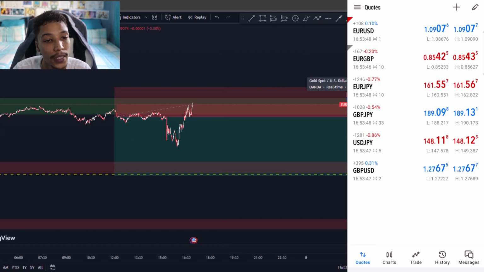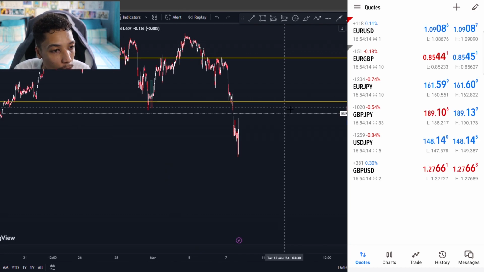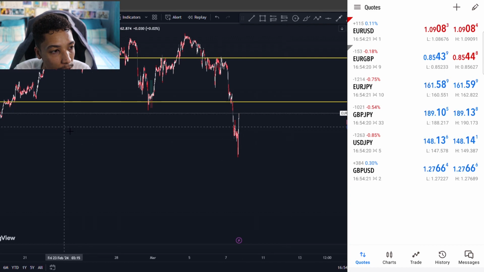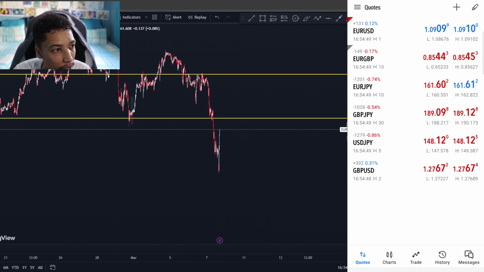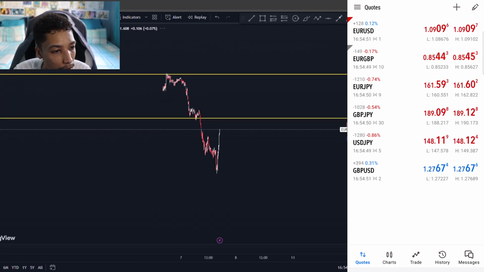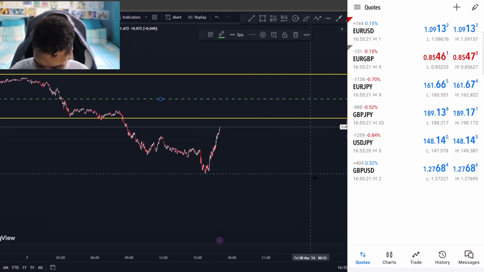Euro JPY. Okay, let's go there. Ooh, quick buy. It's been playing this level for a while. Perhaps I should jump into the trade here. I would put the TP, so then, the Euro JPY.